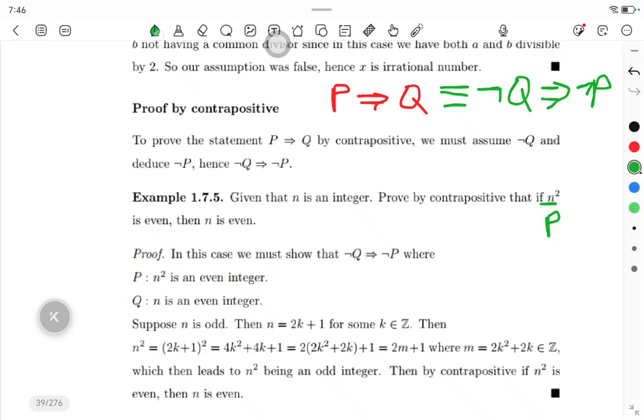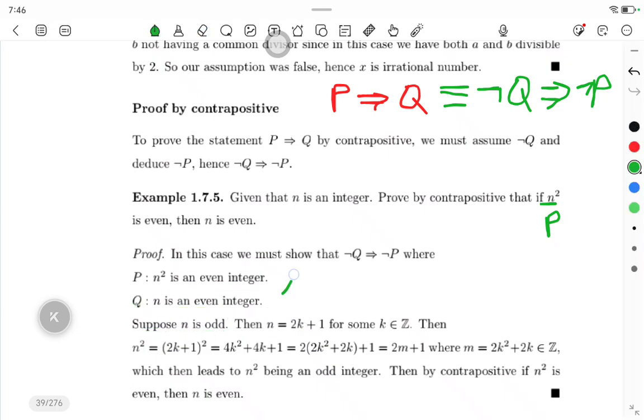Then when we assume, we are going to assume the negation of Q. If we're using contrapositive, check here, Q says that n is an even integer. It means that when I suppose, I'm going to assume that n is odd. And then I'm going to write what is meant by n being odd. Please write it the same way which I told you to write, like the previous examples.